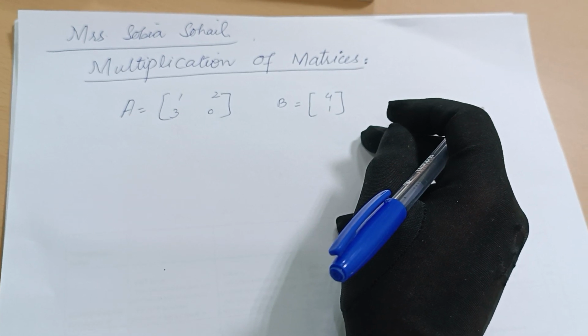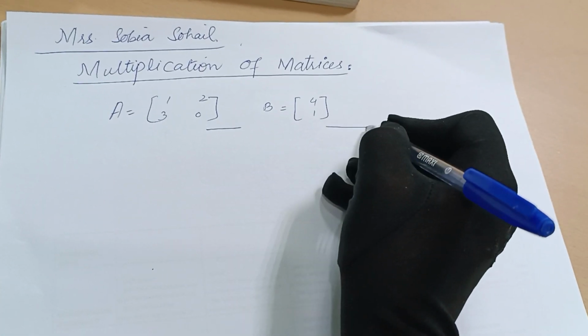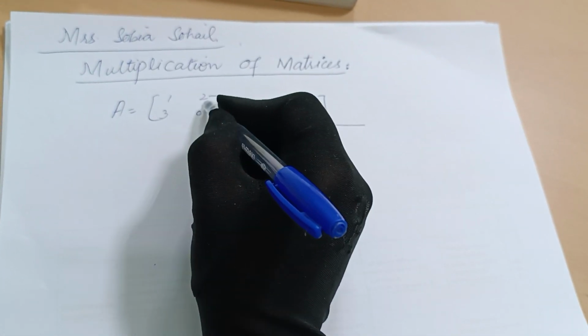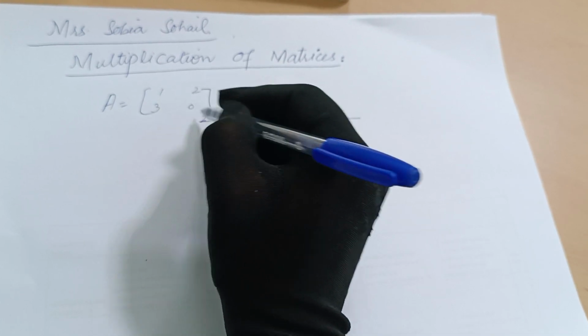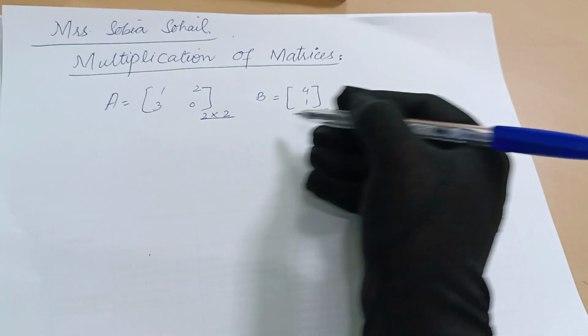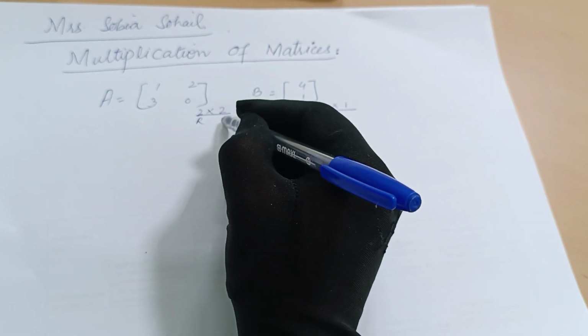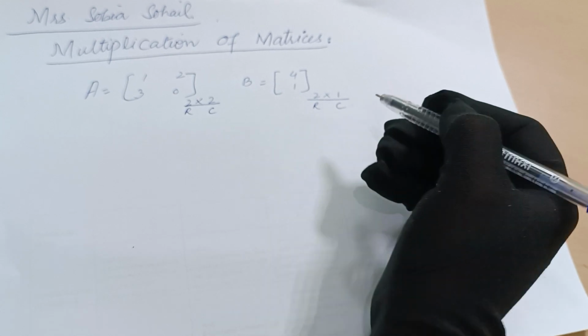For this, I have already explained the order also. We have to find out the order first. Order means the number of rows, 2 rows, by the number of columns, 2 columns. This is the number of rows, this is the number of columns, this is the number of rows, and this is the number of columns.